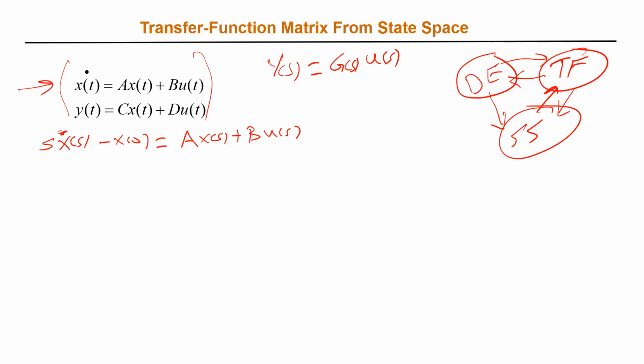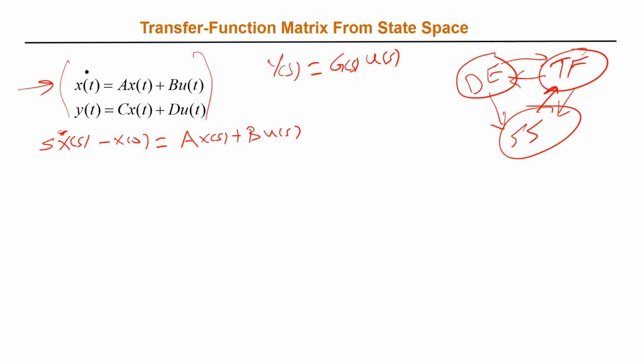Look, the transfer function is the relation between U and Y. So I have to eliminate x. First of all, we are talking about transfer function. What will happen to the initial condition?